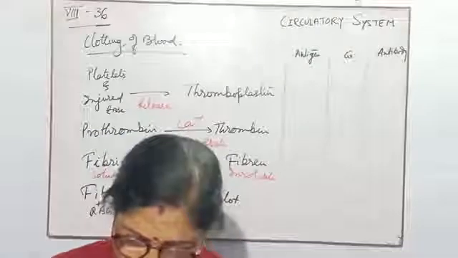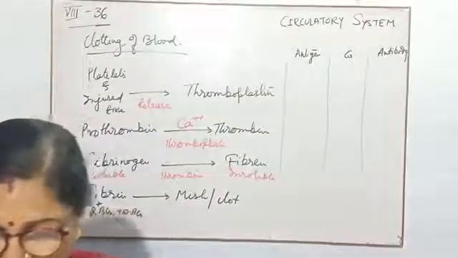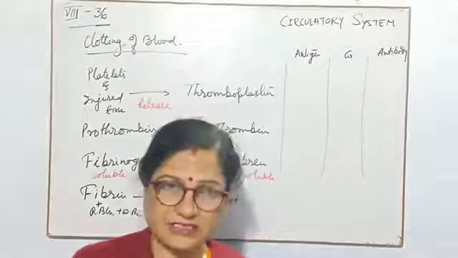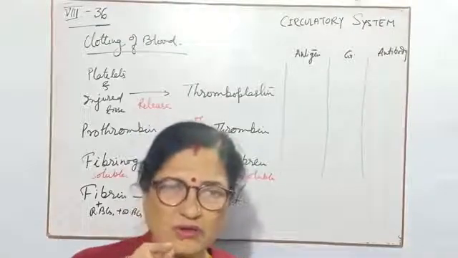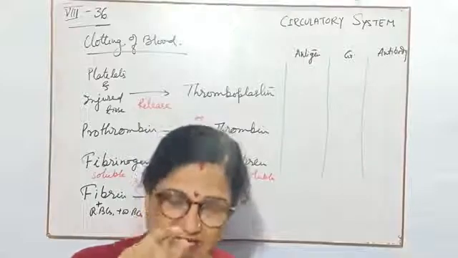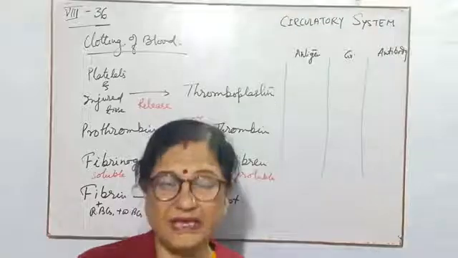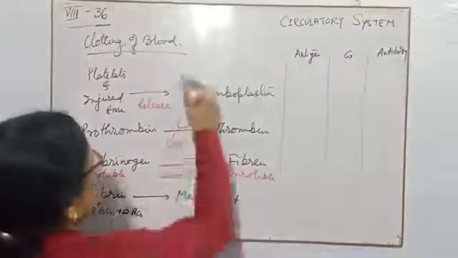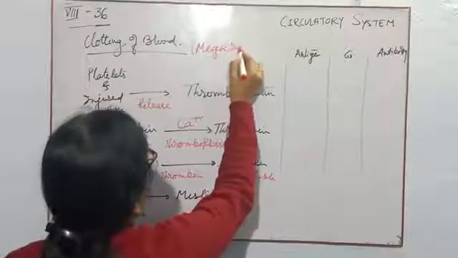So children, first we should know about the platelets. Yet it is not in your book, but I am telling, please listen. Platelets are the small or tiny particles of a big cell called a megakaryocyte. Here, children, I am writing megakaryocyte.